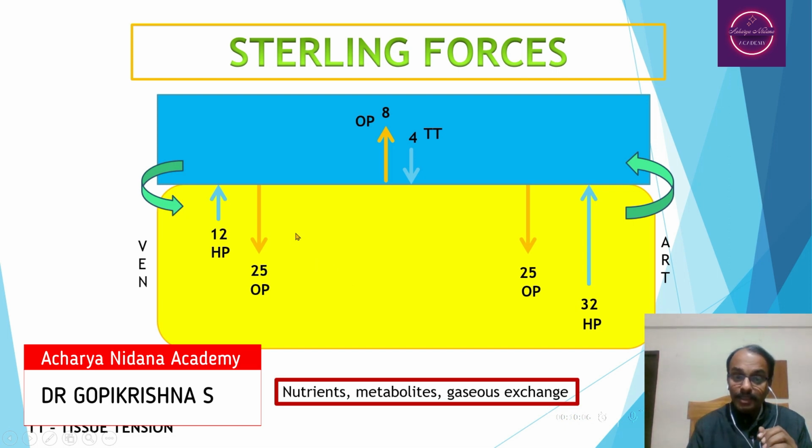That is why the viscosity of the blood at the arterial end is much lesser than at the venous end. That is why the hydrostatic pressure at the venous end gets lessened, because of the smaller amount of water there. That is how the movement of fluid from the interstitial space to the capillary happens.